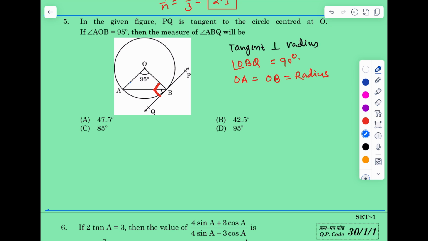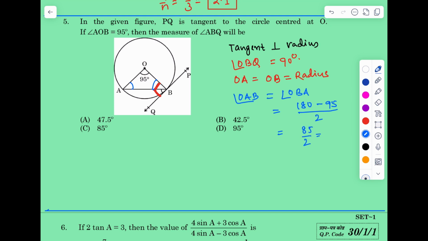So that means angle OAB will be equal to angle OBA, and that is equal to 180 minus 95 divided by 2, because all three angles sum to 180 degrees in triangle OAB.